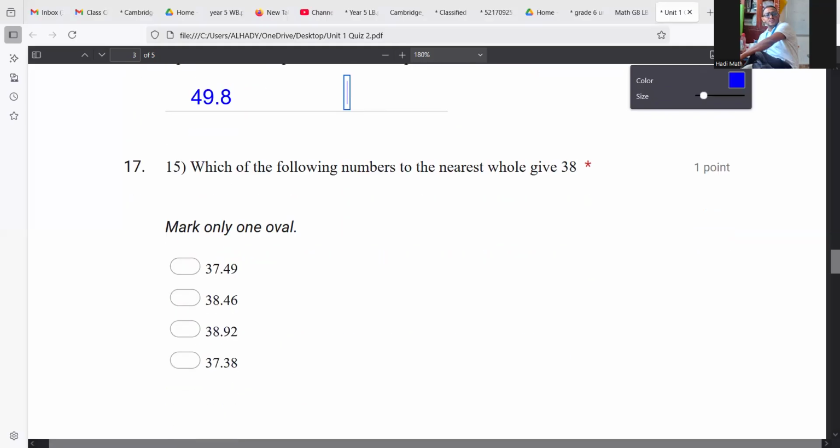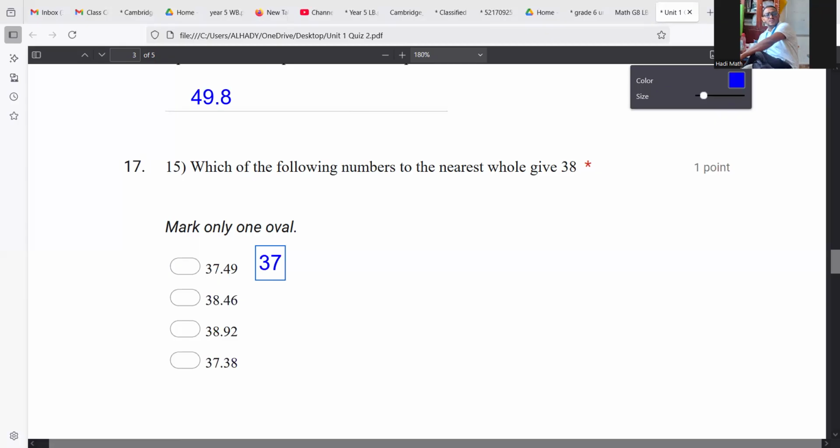Question 15, they say which of the following numbers to the nearest whole gives you 38. Okay, so go and round each one of them to the nearest whole. 37.49: the whole number is 37, and the first digit after the decimal point is 4.